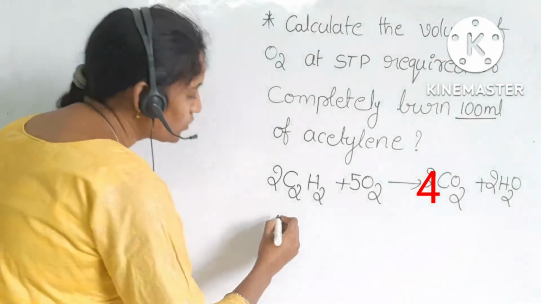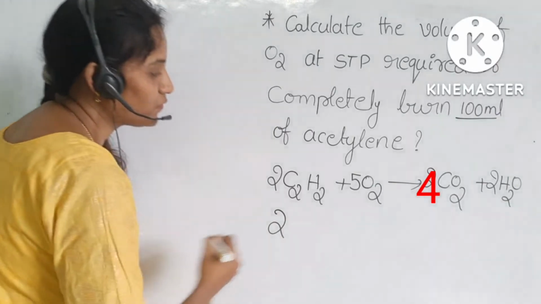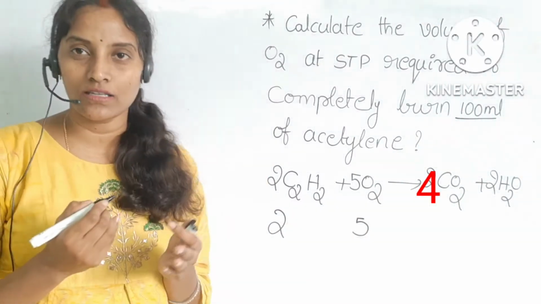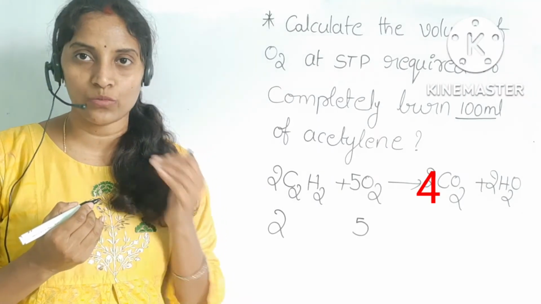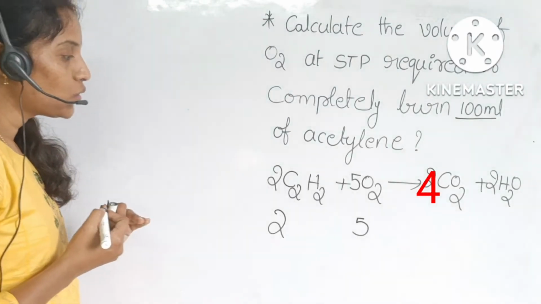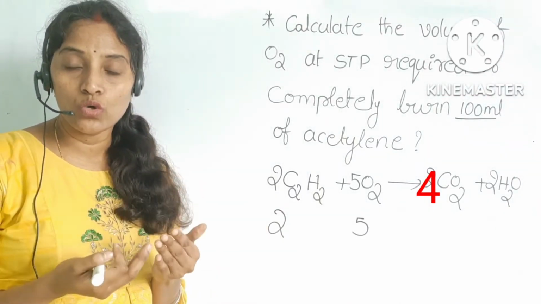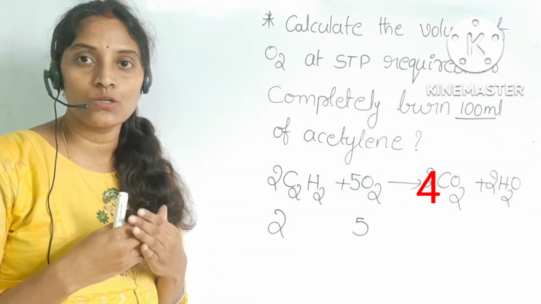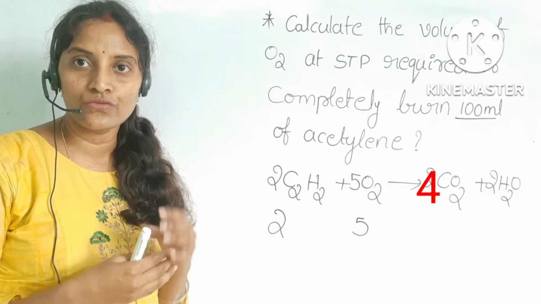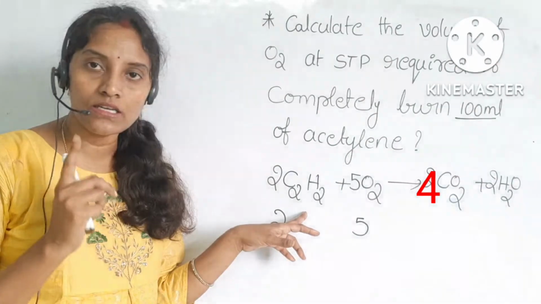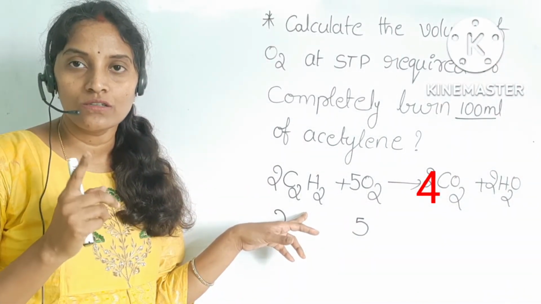So here 2 molecules of acetylene need 5 molecules of oxygen, or nothing but 2 moles of acetylene need 5 moles of oxygen. We already know at STP conditions 1 mole of any gas is equal to 22,400 ml volume. So 1 acetylene equals 22,400 ml.